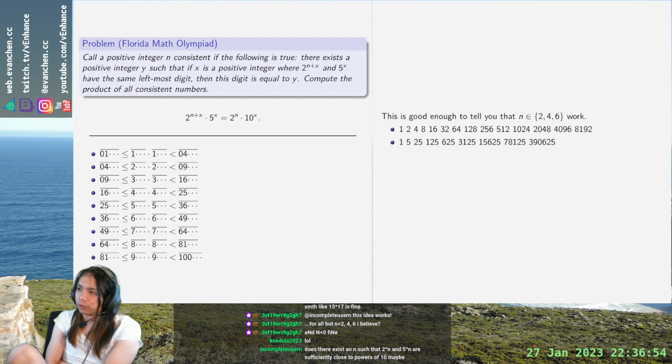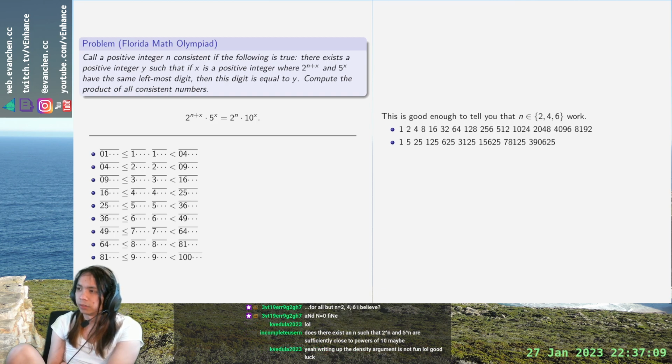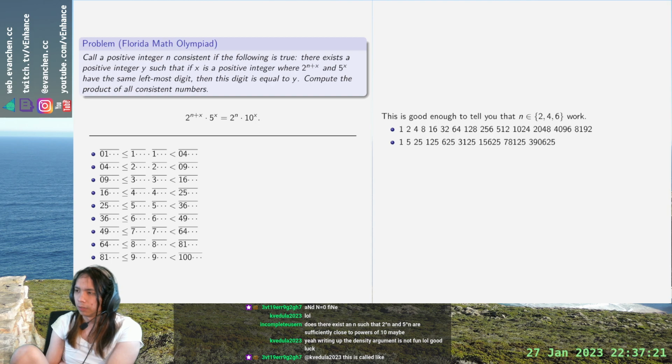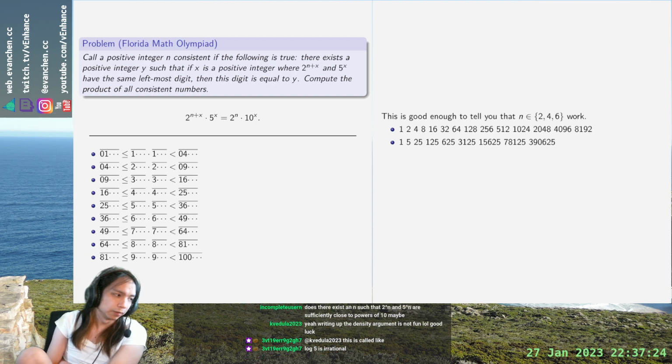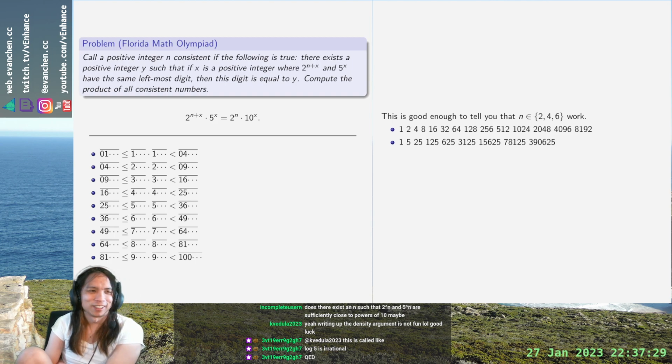So on the one hand, there's 2.5, and on the other hand, there's 2.56 and 25.6, and you're like, okay, I should be able to cook up a power of 5 whose first digits are 1600000, and I should be able to cook up a power of 5 whose first digits are whatever that 5 square root thingy is. Yeah, log 5 is irrational. Writing it up is not fun. Can I just not write it up?